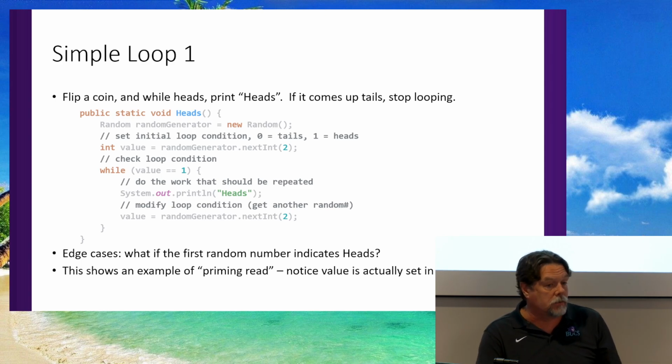It's going to be false, right? So one good thing to note about this pattern is I might never do the work inside the loop. The very first time it could be false and I never execute what's inside. So we would say that the body of this loop executes 0 or more times.